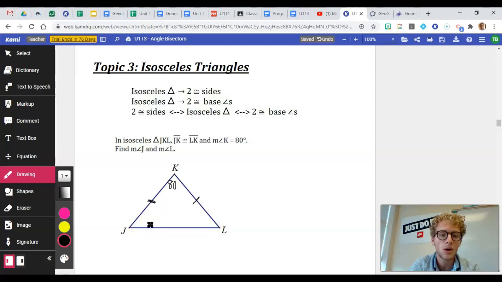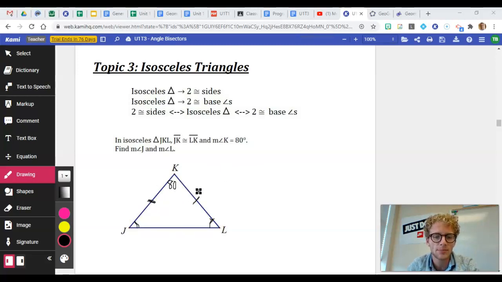Well, we know that since these two sides are congruent and that it's an isosceles triangle, this has to be congruent to this. Alrighty, so, long day. All three angles of a triangle add up to 180. That sounds a lot better. Okay.